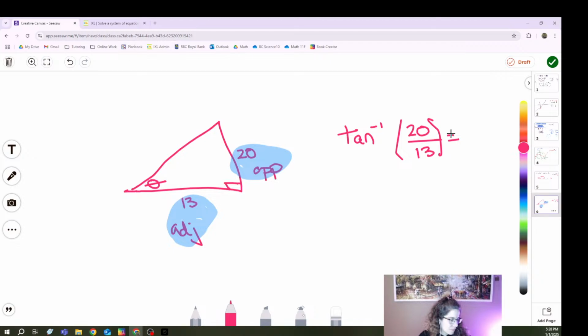What do the degrees add up to? 360 is for a circle. What about a triangle?